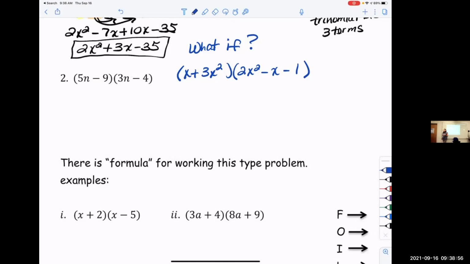You could. If you had 10 terms and 10 terms, you would still be able to do distributive property. So see, our other method is FOIL, and FOIL only works if you've got 2 terms and 2 terms. So you're boxed in. You can't do something like this if you're doing FOIL method, but you can do the distributive property method, and that's why it's important. So let me just show you.